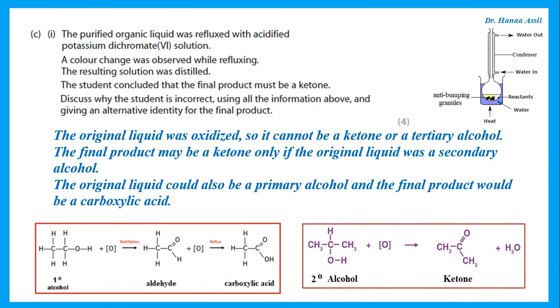The student said the final product must be a ketone. No, it's a ketone only if the original liquid was a secondary alcohol. If it were a primary alcohol, then I would end up with an aldehyde or eventually, under reflux, a carboxylic acid.